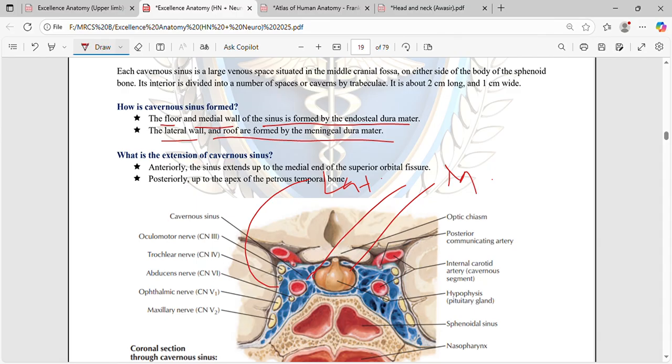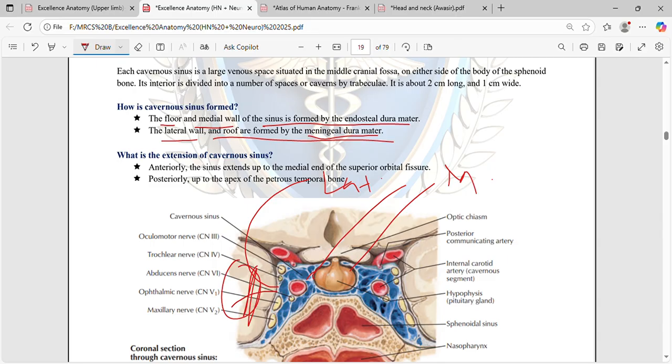The lateral wall, as I said, is formed by the meningeal dura mater because it is more toward the brain parenchyma. This is the temporal uncus and temporal lobe.